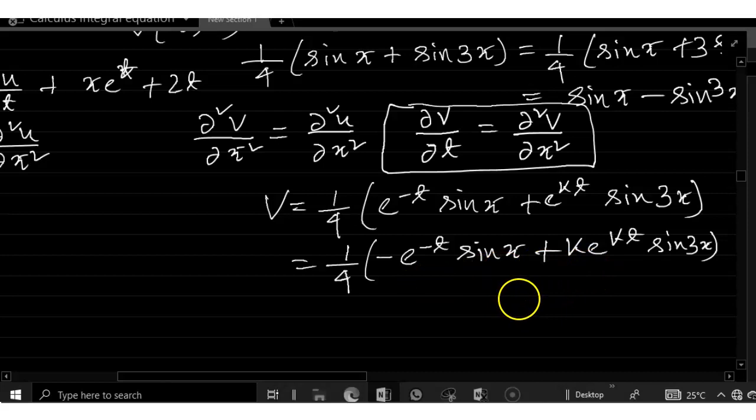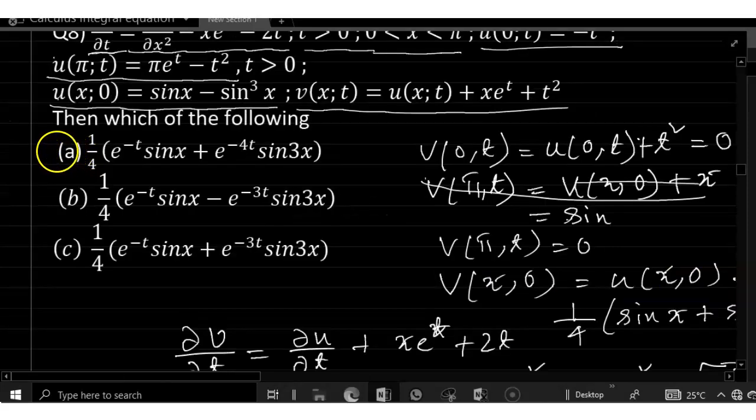Hence this way, this is my possibility, and this option is wrong.